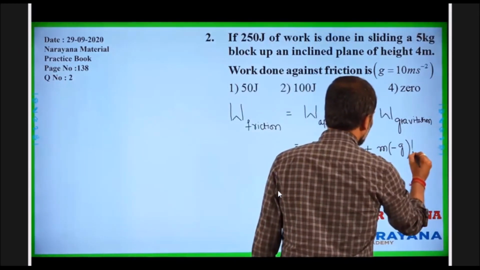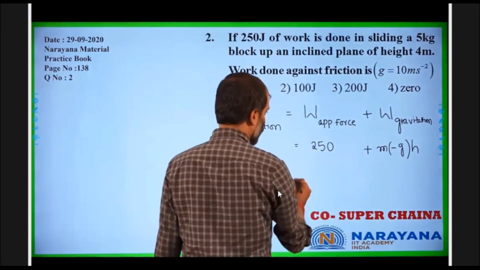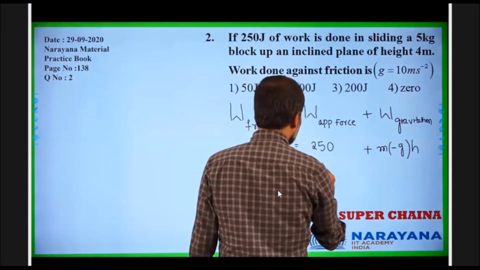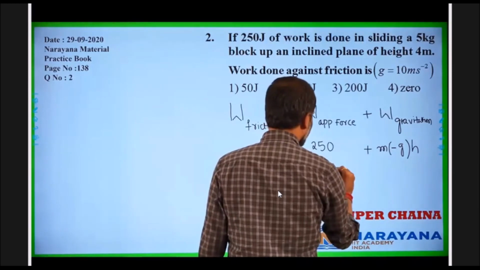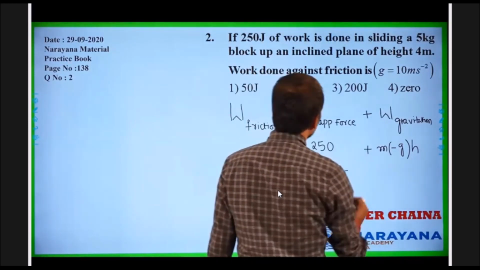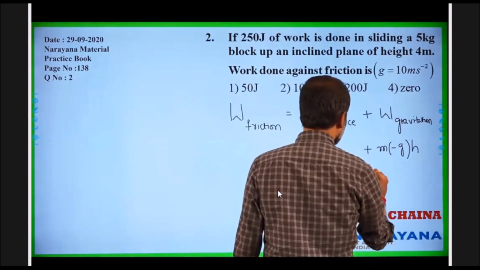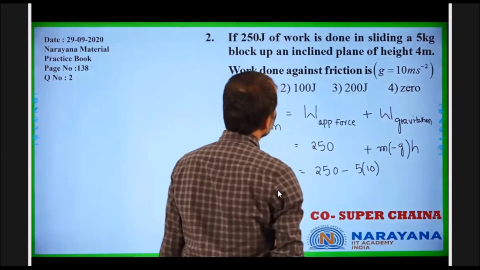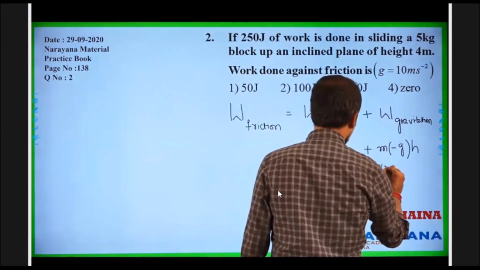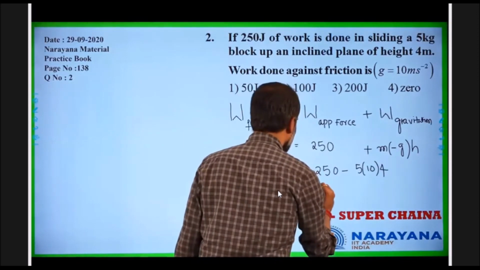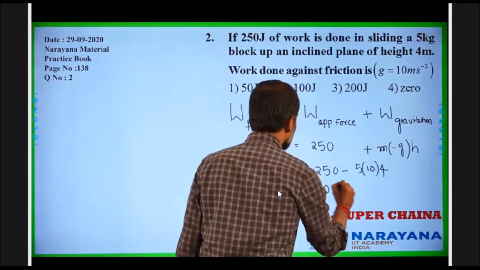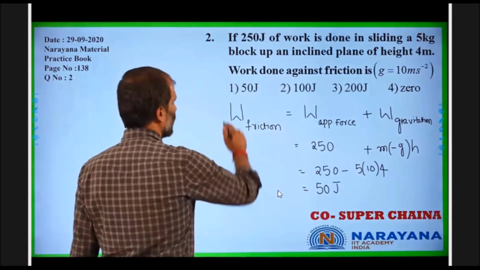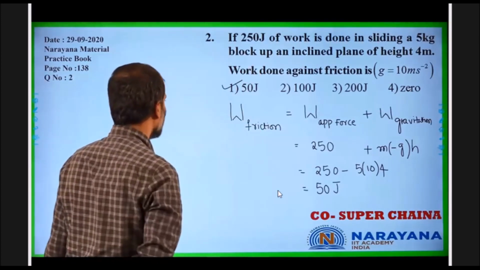It is mg into h, the work done. So it is 250 minus (mass of the block is 5, g is 10, into its height is 4) over here. So it is now equal to 50 joules is the answer here, which is matching with our first option.